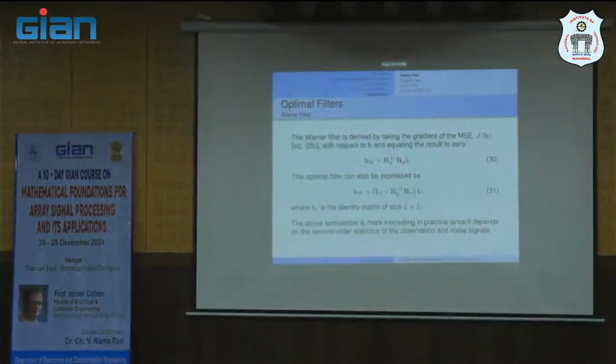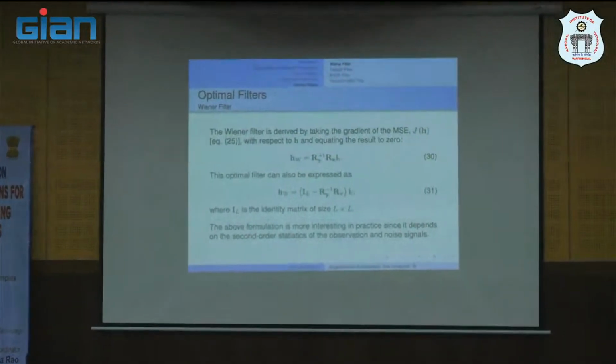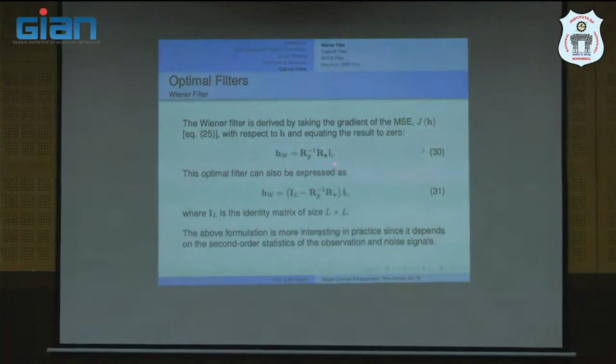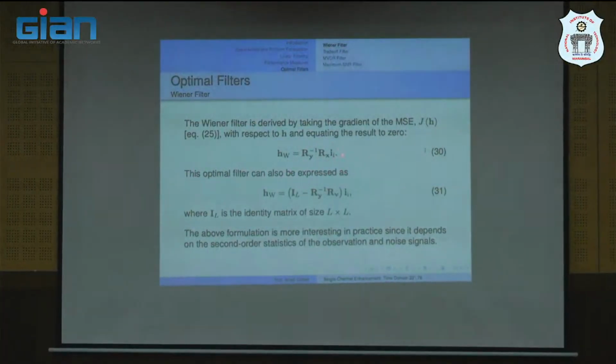Okay, so the solution is like this: Ry^-1 Rx i. So this is the optimal vector. Now we can write this vector differently.